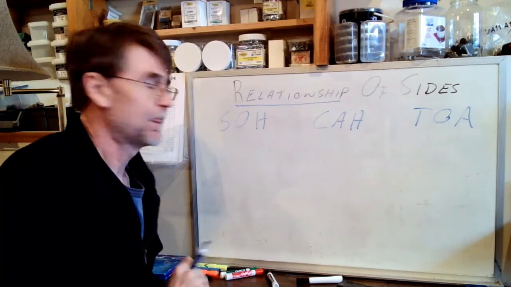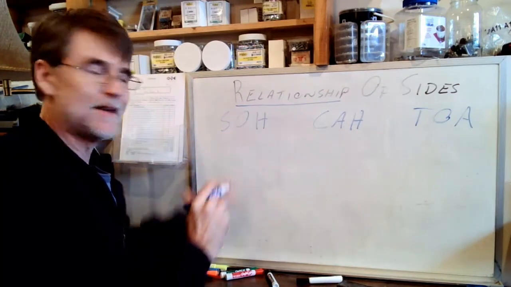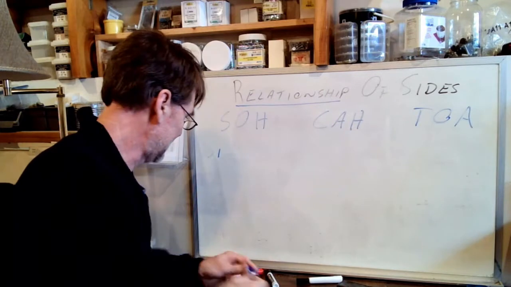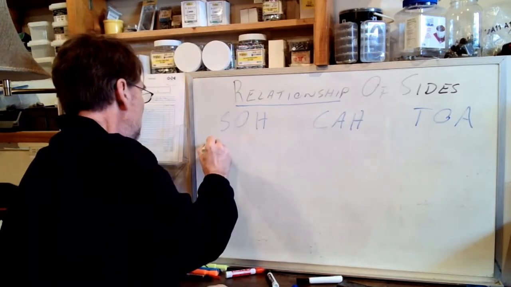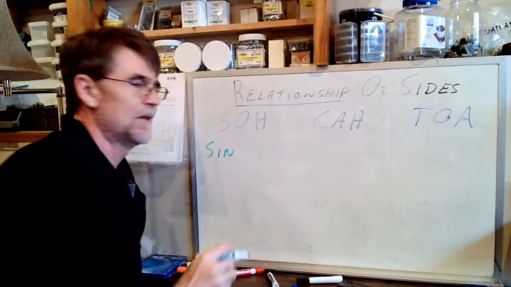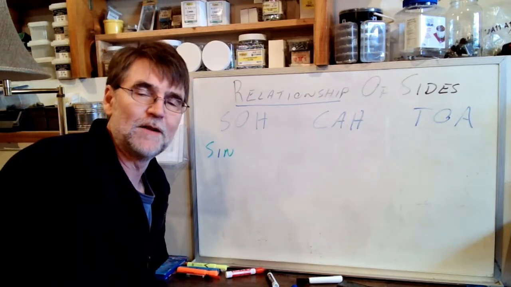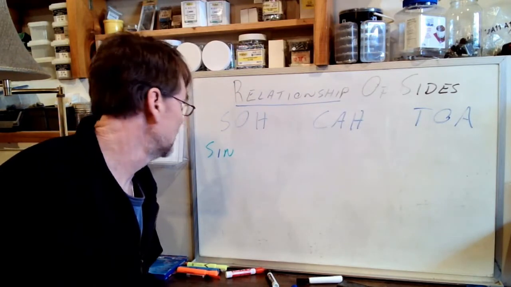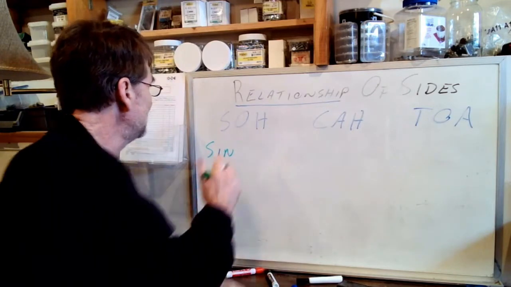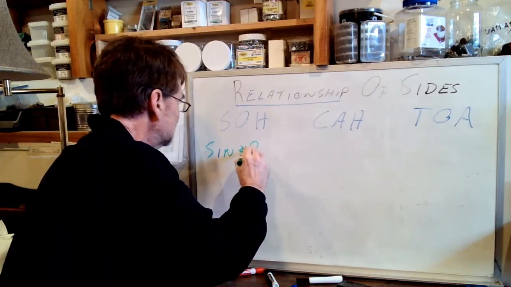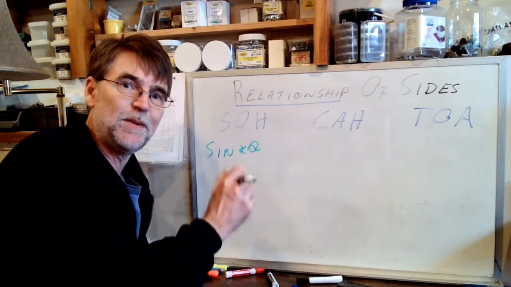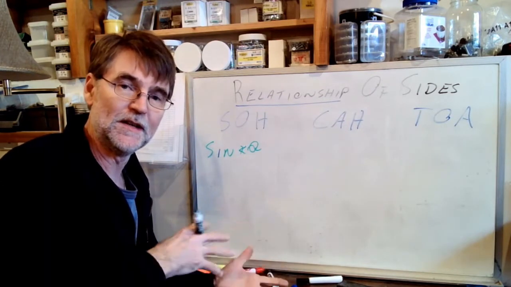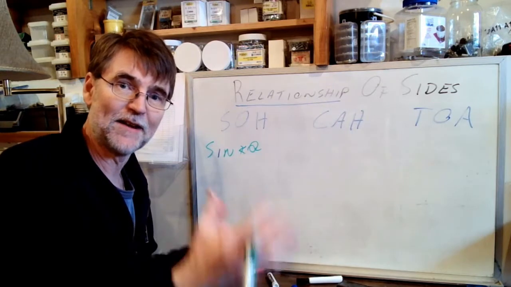S stands for sine. So, sine is a function that you can find on your calculator. I'm not going to ask you to do this math in your head. But the sine of the angle theta speaks to that relationship I was just talking about, the ratio between the opposite and the adjacent as the angle changes.